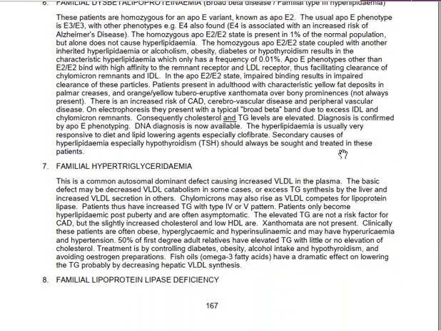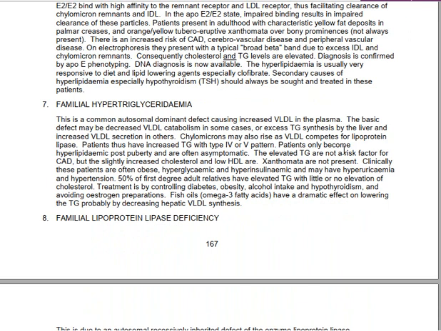There's another one, which is familial hypertriglyceridemia. I'm going to speak about familial hypertriglyceridemia. It's a common autosomal dominant defect causing an increased level of very low density lipoproteins. You need to know that when you have hypercholesterolemia, the major element involved is the low density lipoprotein.